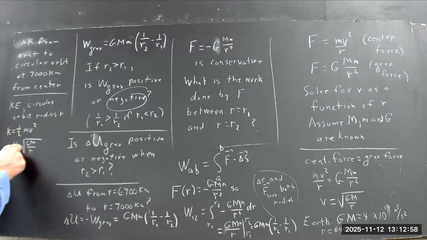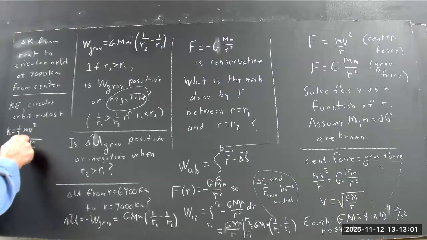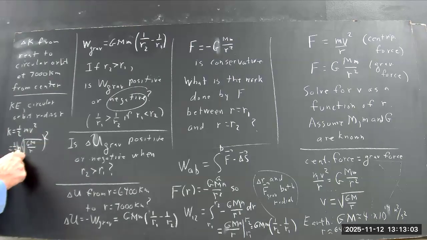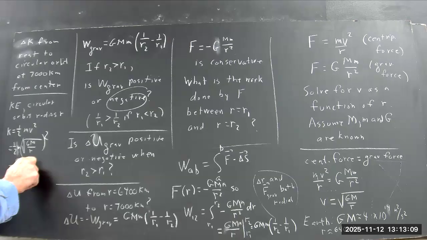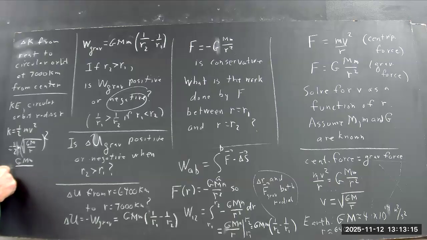One half m times big G big M over r. And I'm going to leave the one half in there. One half big G big M little m over r.